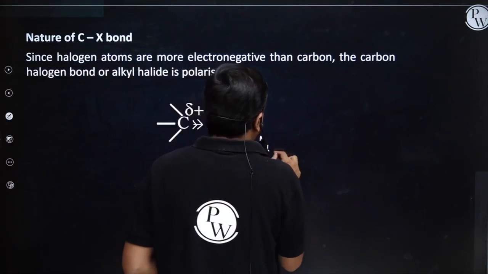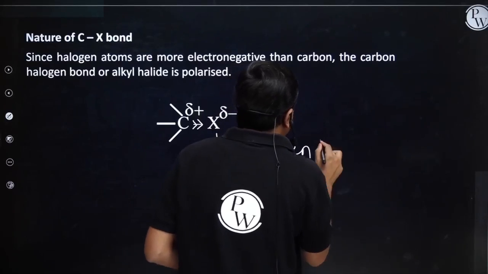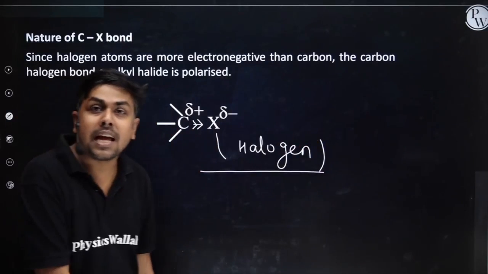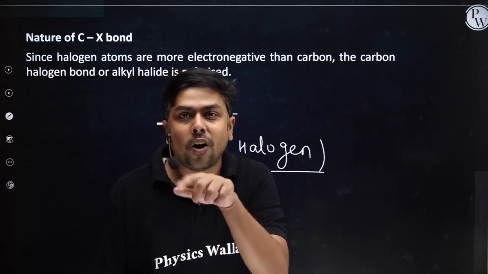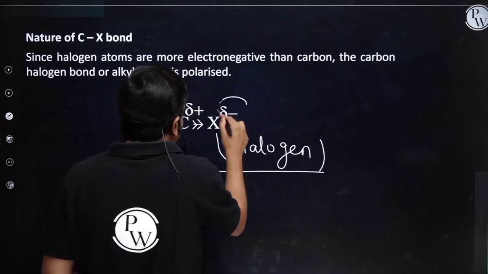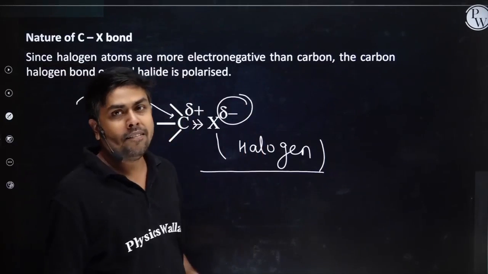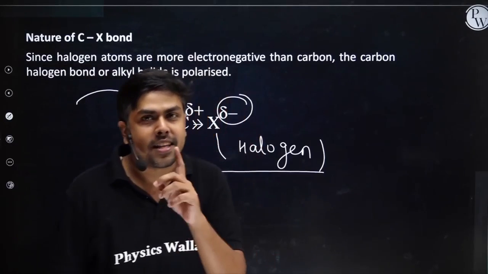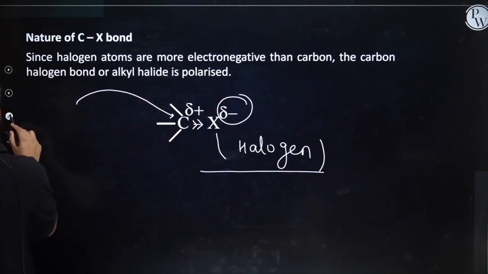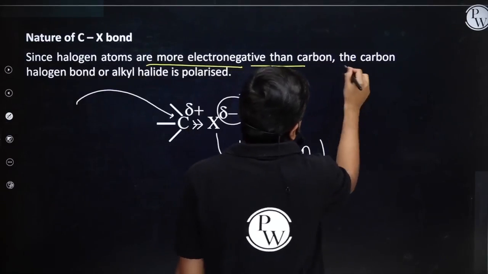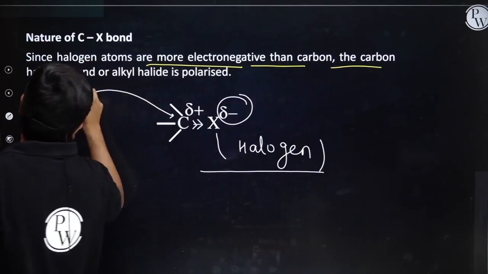And if the electron clouds are shifted towards halogen atom, can I say on halogen I will have a del negative charge, whereas on the carbon part I will have a del positive charge? Am I clear, student?